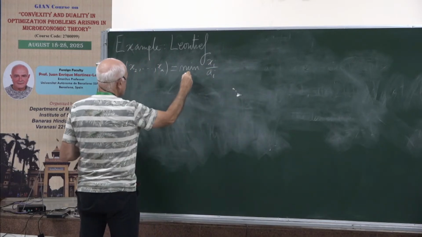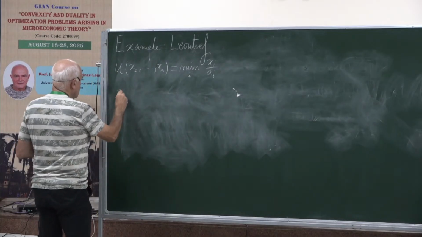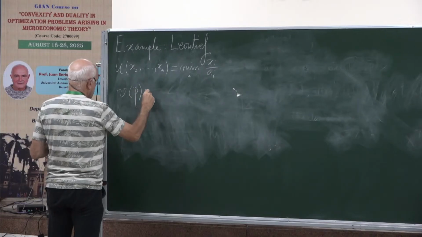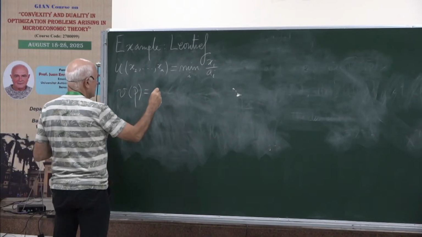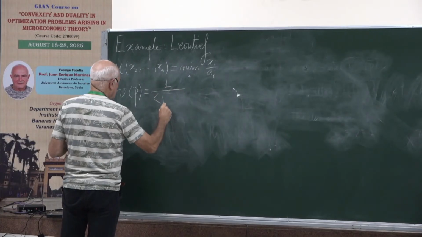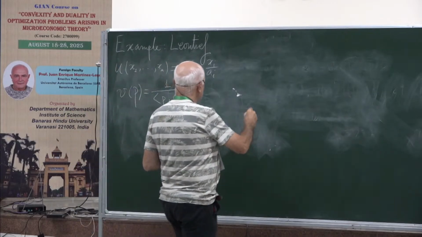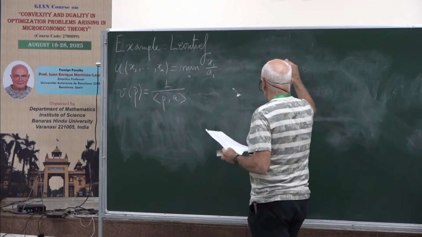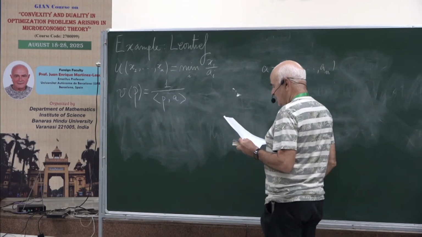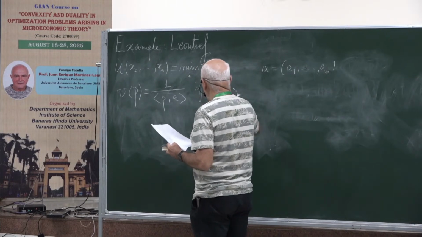This is Leontiev. And we found that V of P, the indirect utility function, is 1 divided by PA, A being the vector of A_i's, if P is different from 0.